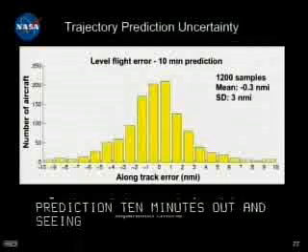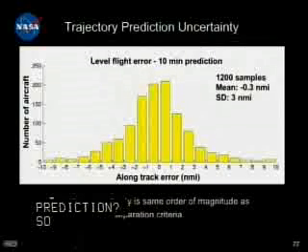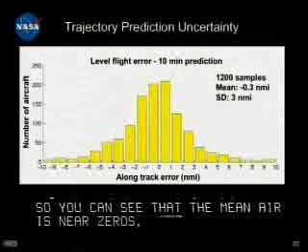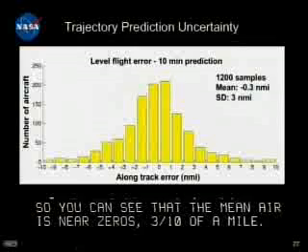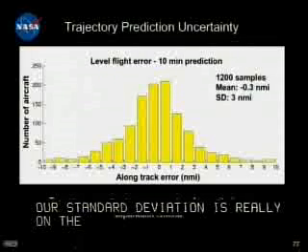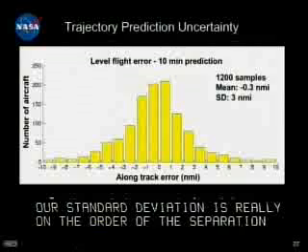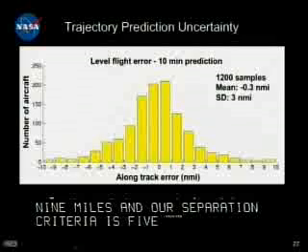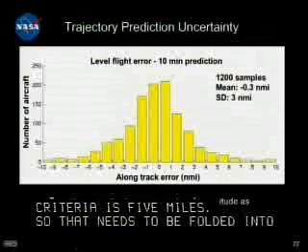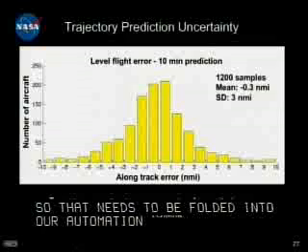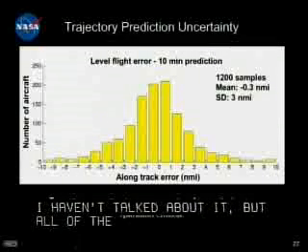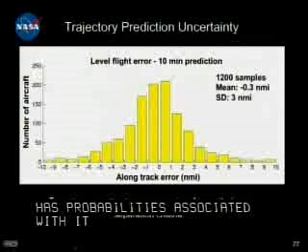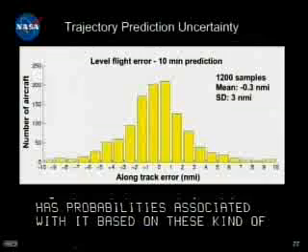You can see that the mean error is near zero, 0.3 of a mile. Our standard deviation is about 3 nautical miles, and the point is that the standard deviation is really on the order of the separation criteria. 3 sigma is 9 miles, and our separation criteria is 5 miles. So that needs to be folded into our automation capabilities. I haven't talked about it, but all of the conflict detection has probabilities associated with it based on these kinds of uncertainties. The histogram is a little flatter, reflecting higher uncertainty for aircraft that are climbing.